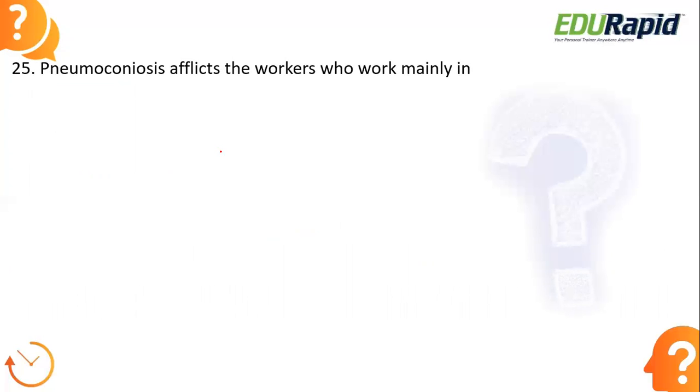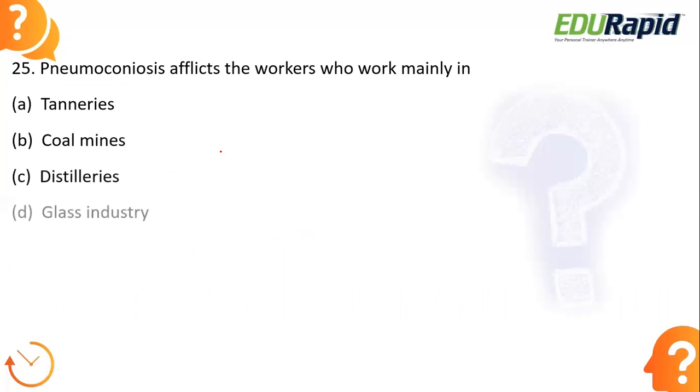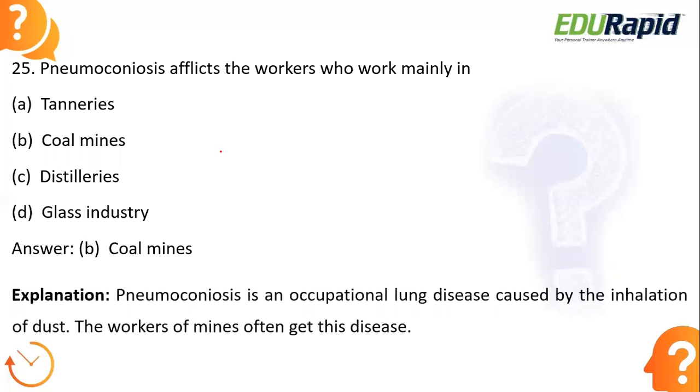Pneumoconiosis afflicts the workers who work mainly in tanneries, coal mines, distilleries, glass industry. Here the right answer is option B, coal mines.